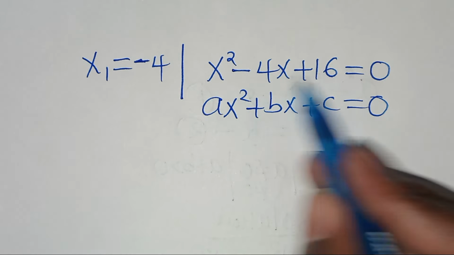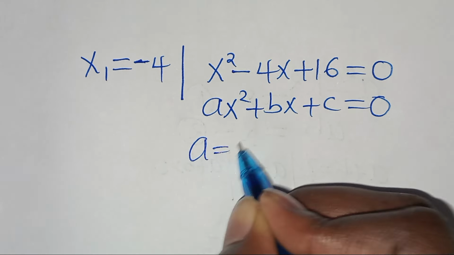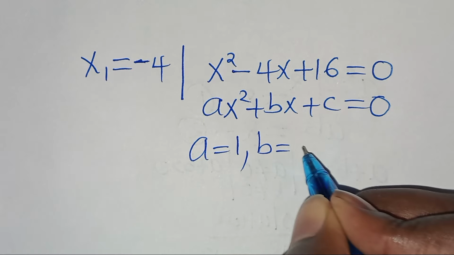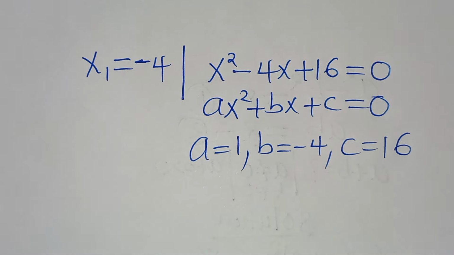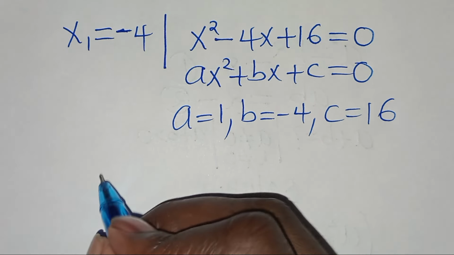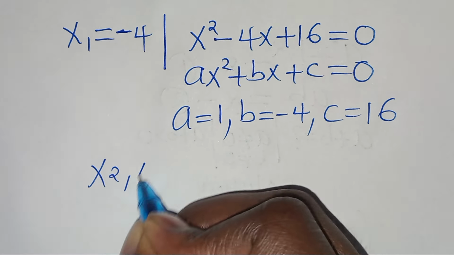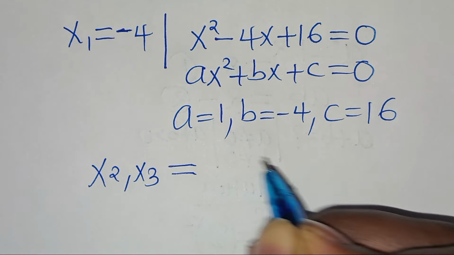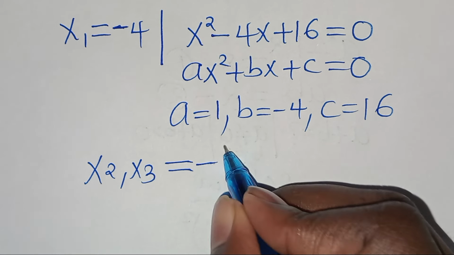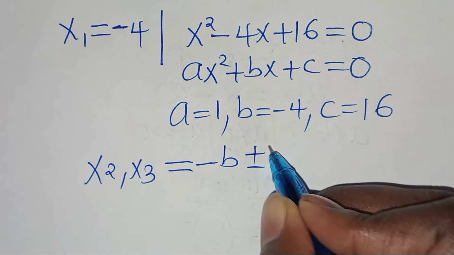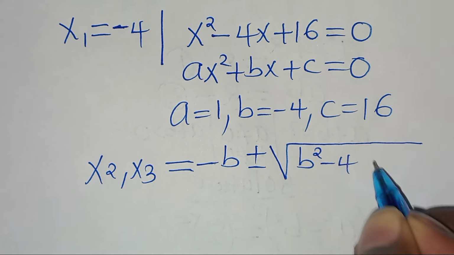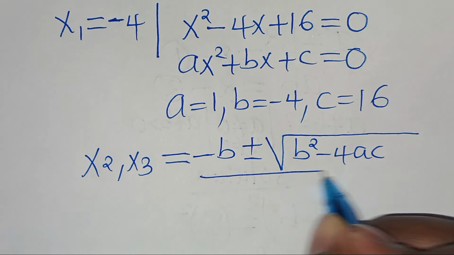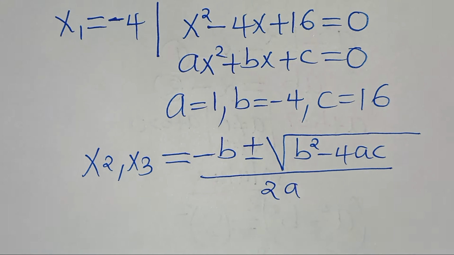Now from this quadratic equation, a is equal to 1, b is equal to minus 4, and c is equal to 16. So to solve for x2 and x3, we apply the quadratic formula, which is minus b plus or minus the square root of b squared minus 4ac, everything divided by 2a.